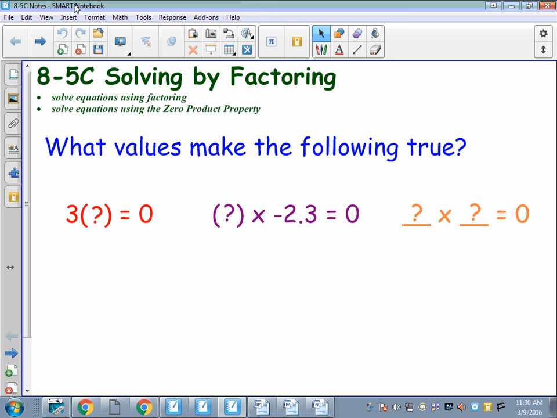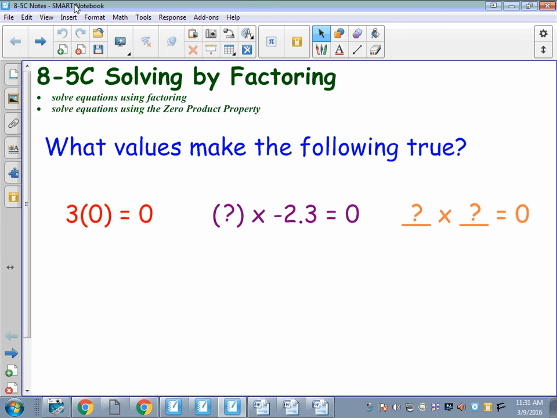So just take a few seconds, look at these three problems I have in front of you, and think to yourself, what would make that statement true? In the first quantity, what would you multiply 3 by to make it equal 0? And the answer, I'm hoping, that you got was 0. In order to take any whole number, any positive or negative number, and multiply it by something to get a product of 0, 0 has to be part of that problem.